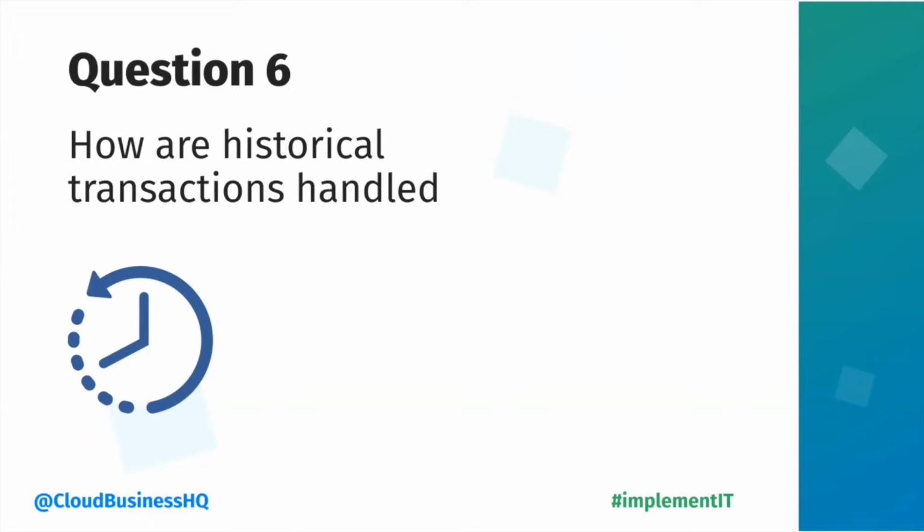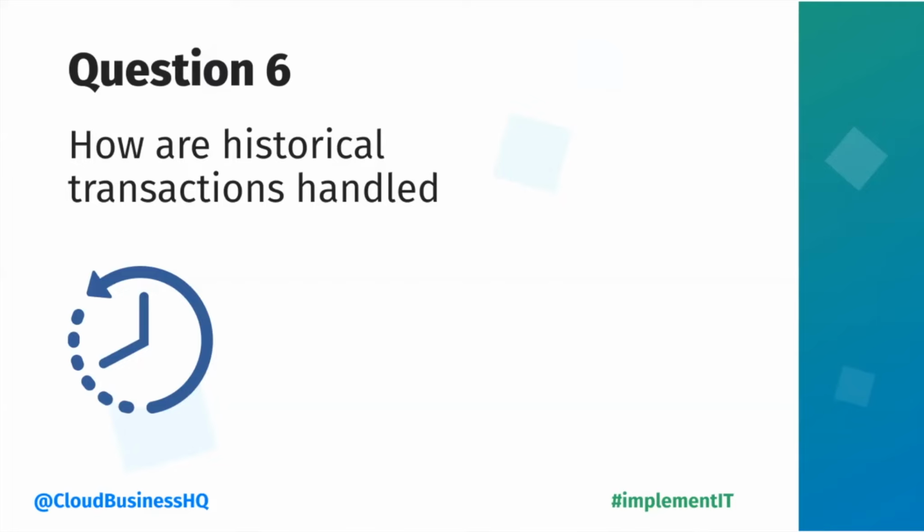With some other apps, you can sync only, let's say, three months' worth of data. And what if you need more? So we advise choosing the app where you will have full control of A, how many historical transactions are syncing, and B, how they are syncing. Maybe you want to sync your historical data with different settings from what you're about to use with your ongoing data, and so on.